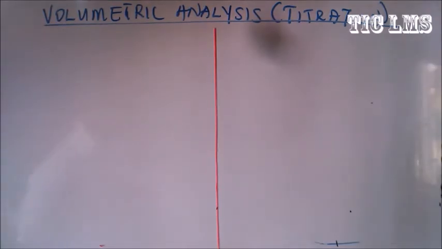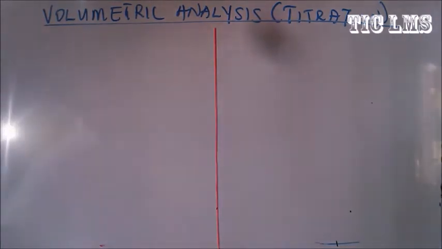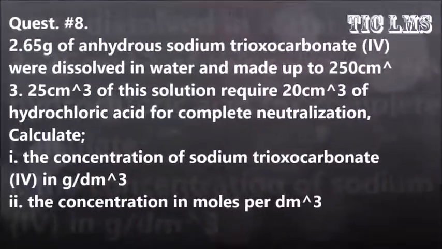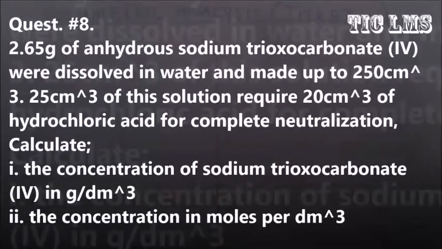Okay, so we have the next question here, which says 2.65 gram of anhydrous sodium trioxocarbonate(IV) were dissolved in water and made up to 250 cm cubed. 25 cm cubed of this solution require 20 cm cubed of hydrochloric acid for complete neutralization.